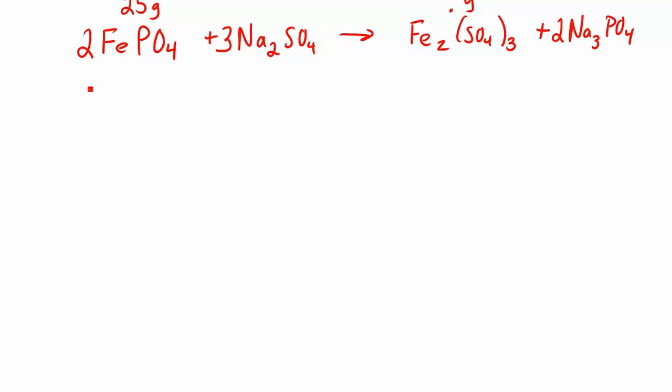Okay, so we need our molar masses for these. Let's see, so we have iron plus phosphorus plus 4 oxygens.